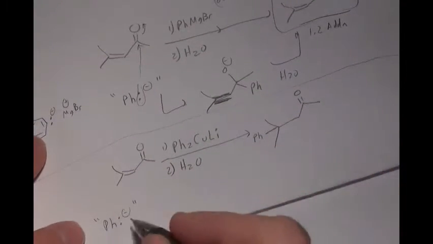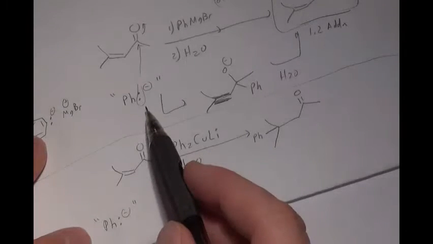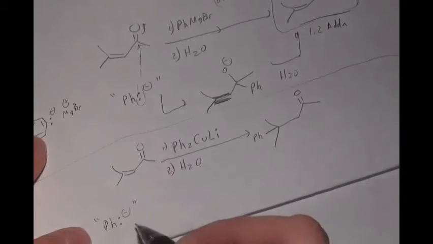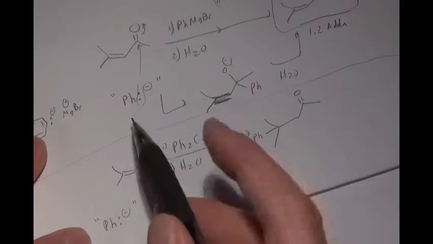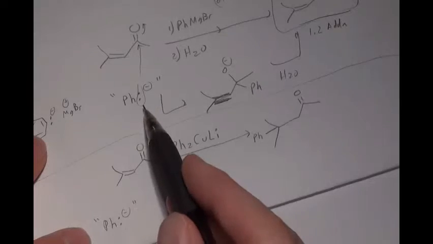So this phenyl minus is different than this phenyl minus. The reactivity of the copper species is different than a Grignard, and without going into all the technical detail of it, they love to attack 1,4. These love to attack 1,2.